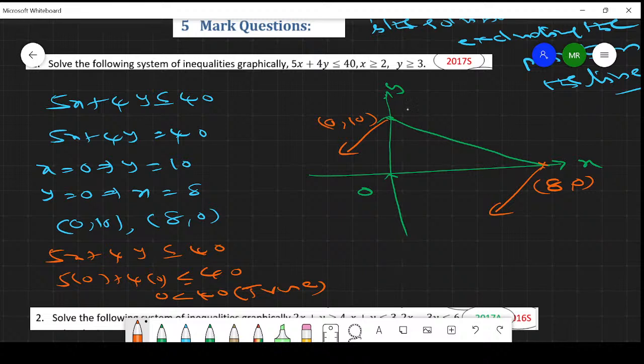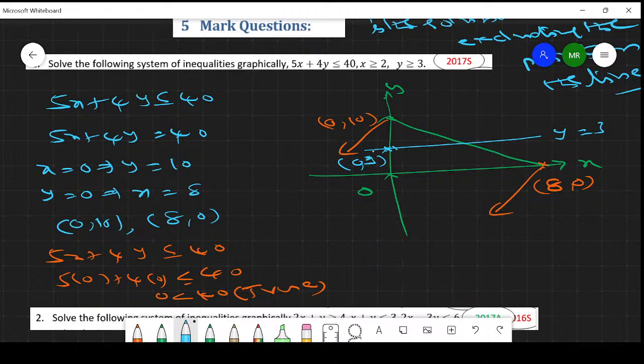But at the same time, we have y greater than or equal to 3. For this I can draw the line here. For example, this is 10, and somewhere here is y equal to 3. This point is 0, 3.